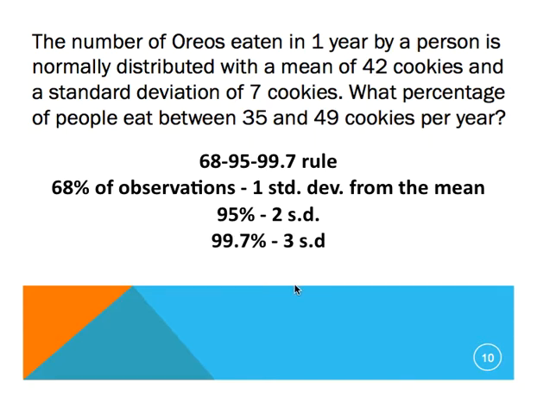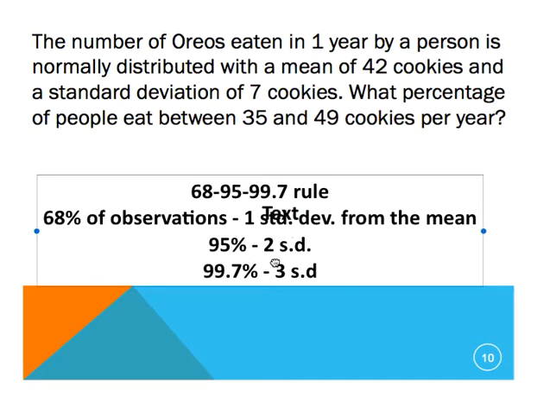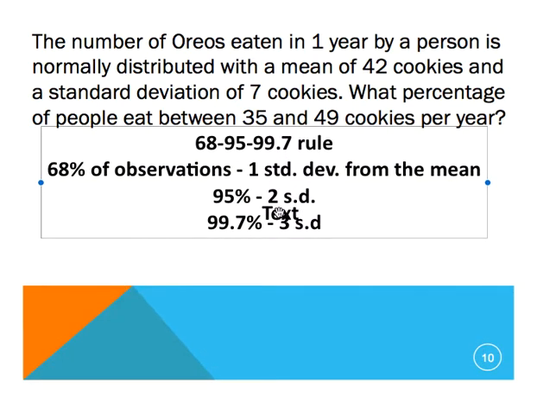So all we need to do is figure out 35 to 49, how many standard deviations away is that? So if you think about it, we have 42 kind of smack dab in the middle, all right? The program I'm using is not great for drawing pictures, but let me move this up a little bit, move this down.